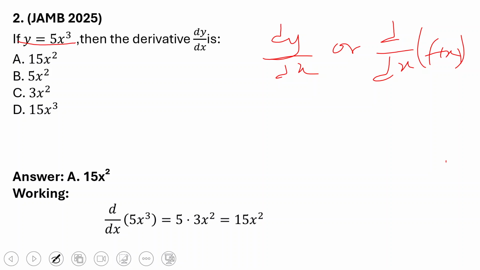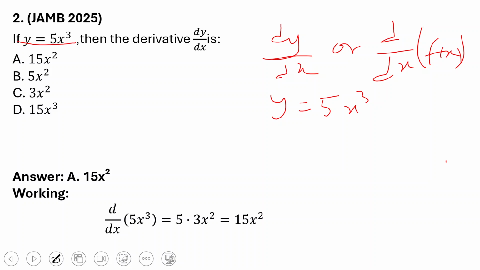The function we have there is y equals 5x cubed. For differentiation, the general rule for polynomials is that you multiply by the power and reduce the power by 1.